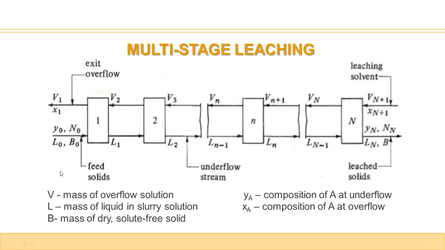So when we account for the concentration here, again as a review, we don't consider the inert solid. We only account for the presence of the solute A and the solvent C. So we don't account for the B in the denominator in the manner in which we express the concentration X and Y. Now, N0 specifically represents the concentration of the insoluble solid in our feed, the feed L0. And B0 is not the concentration of the insoluble solid, but rather the mass of the dry solute-free solid.